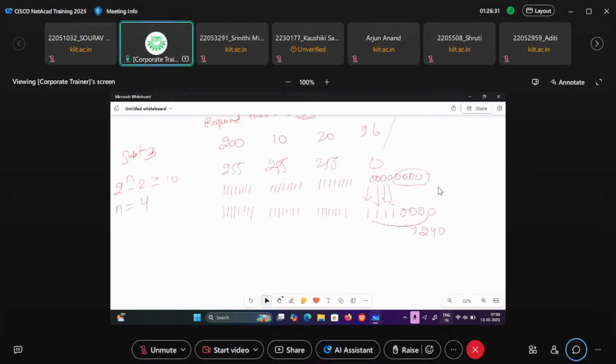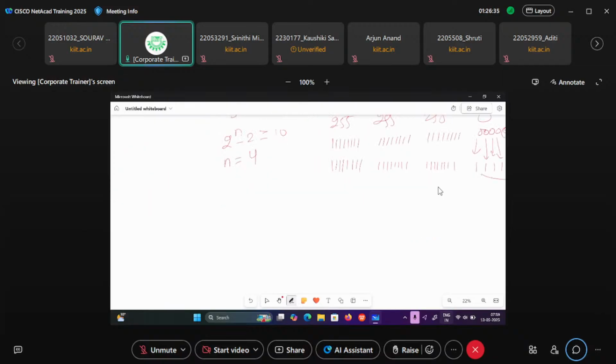So if you get 240, just calculate the magic number: 256 minus 240, that is 16, right? So now just start figuring out your particular subnet, the host IPs, your broadcast address, and everything. So just write it.